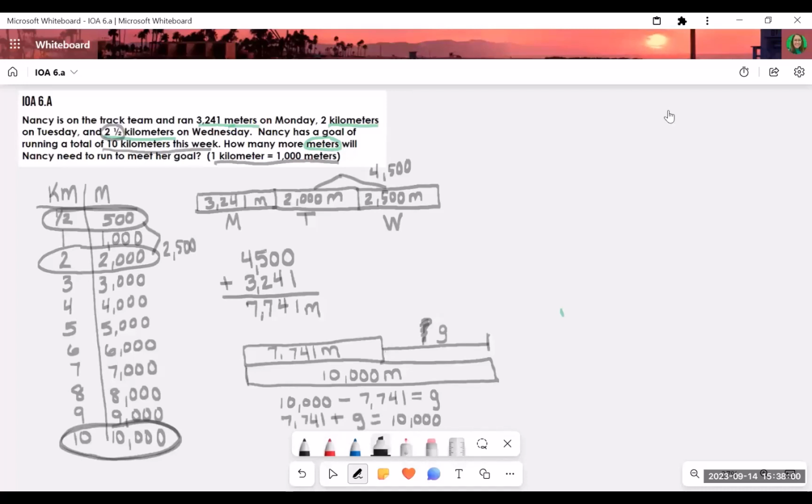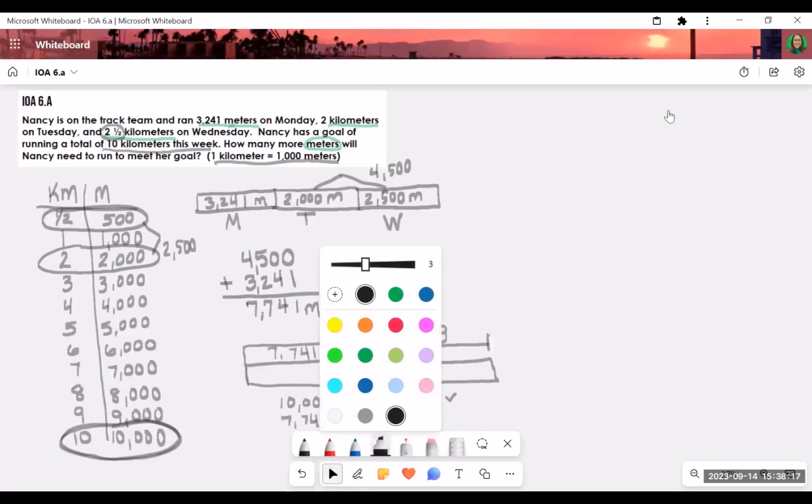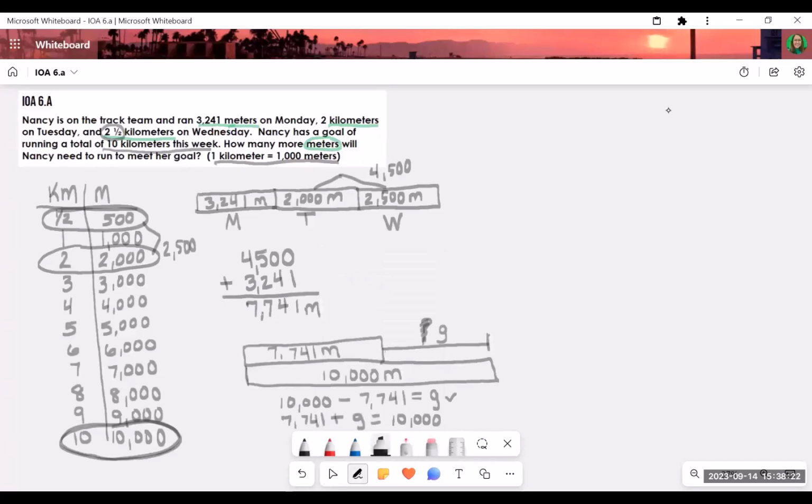If I'm solving it with addition, probably the best strategy is to put it on an open number line. But I want to solve it with subtraction today because I want to highlight another strategy for you with subtraction. So let's write this out with subtraction.